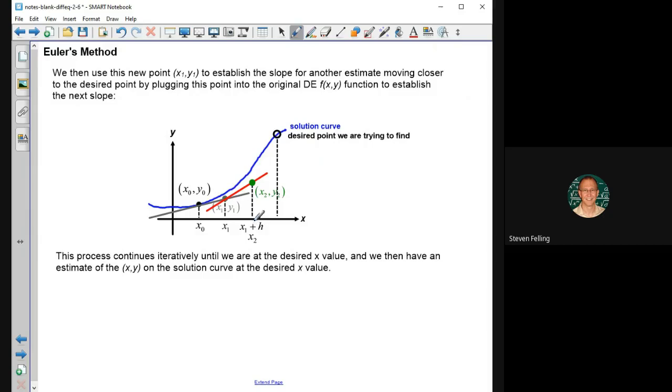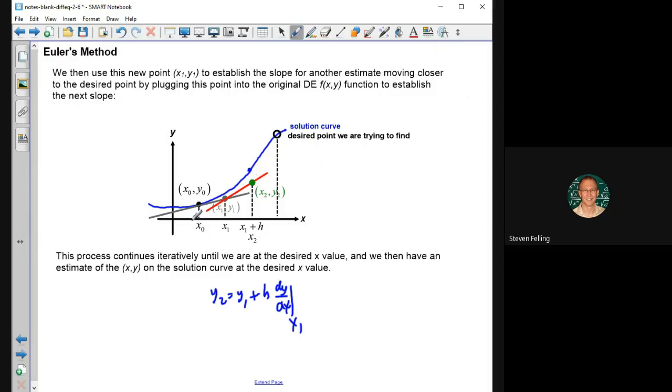We plug this value into the derivative equation to find the slope at the last estimated point on the solution curve. And then we say, okay, y2 is therefore equal to y1 plus the step size times the dy dx evaluated at the x1 point. And that gives us another little jump. And so this point is approximately equal to the true solution value.